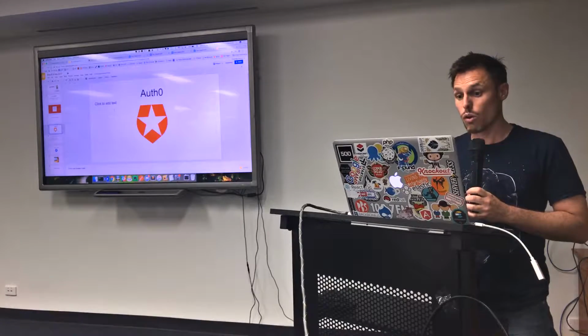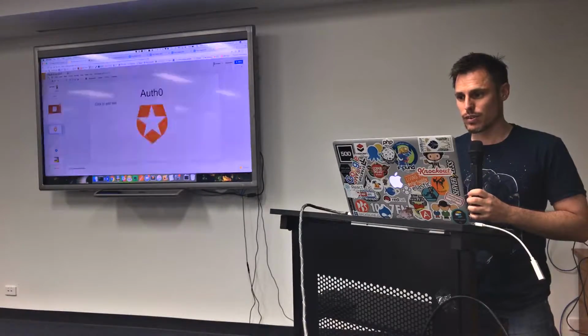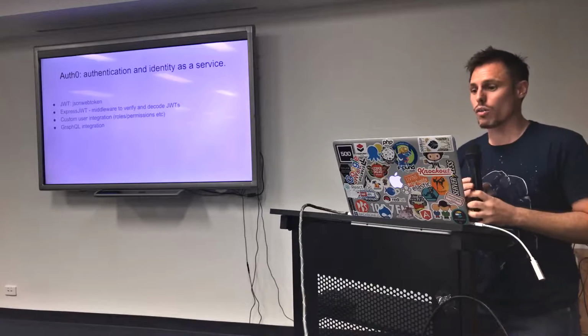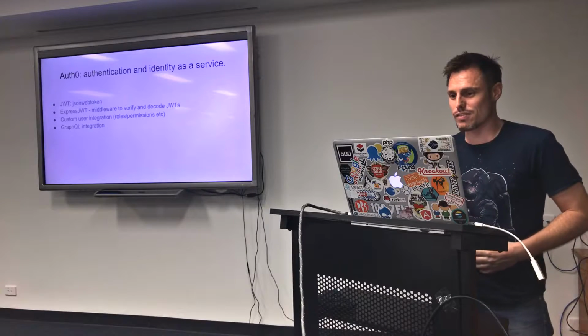I'm going to talk a little bit about Auth0, how I do my authentication. Who's used Auth0 before? Anyone? No? Auth0 is basically authentication and identity as a service.